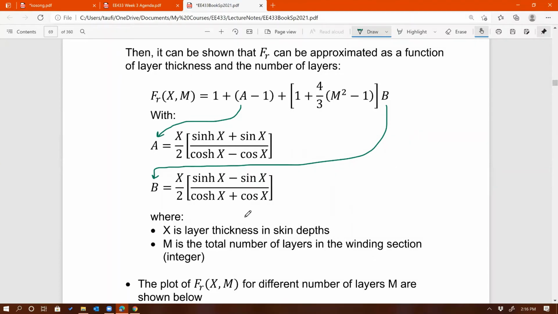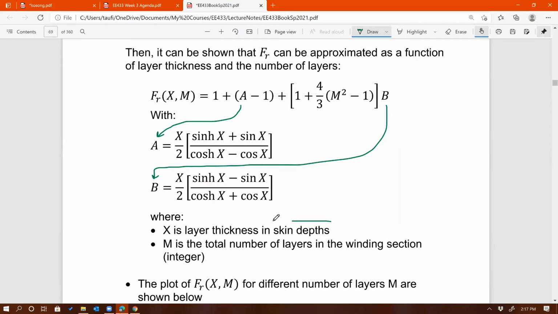So this is a useful equation for us to use if you are designing an inductor or transformer that has multiple turns as well as multiple layers. So you can just plug in X and M depending on how many layers you have for the magnetic component that you're designing, and you can assign different layer thickness with respect to skin depths.